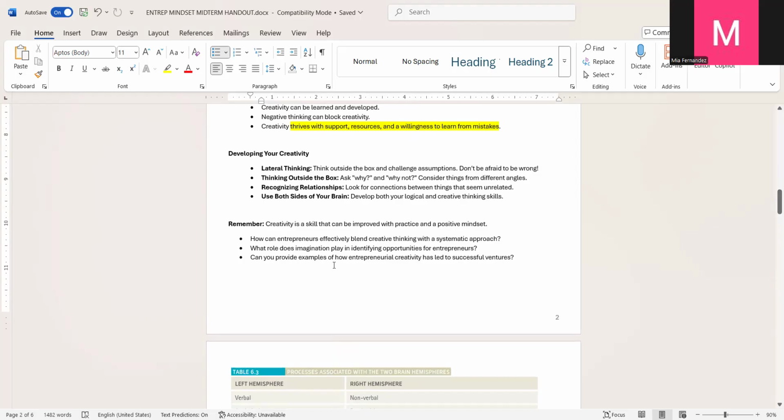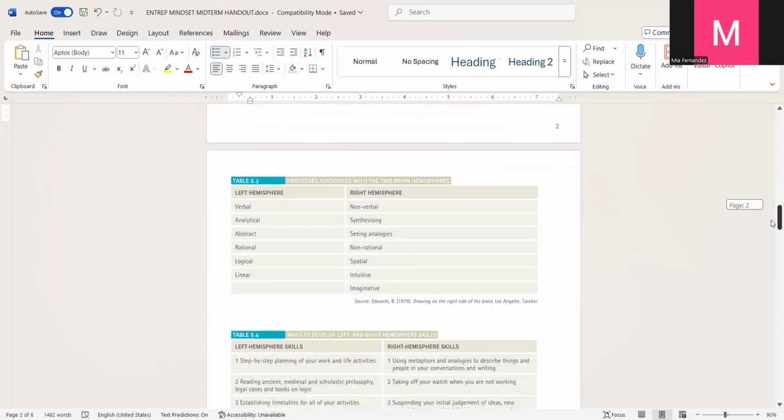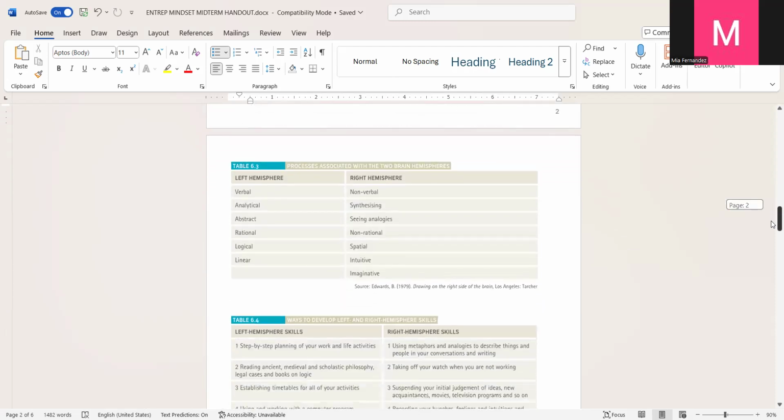Okay, so this, I think, will be your seat work next week. Take a look at the processes for the left brain and right brain. The left brain is more verbal, analytical, abstract, rational, logical, and linear, while the right hemisphere is nonverbal, synthesizing, analogies, and spatial.